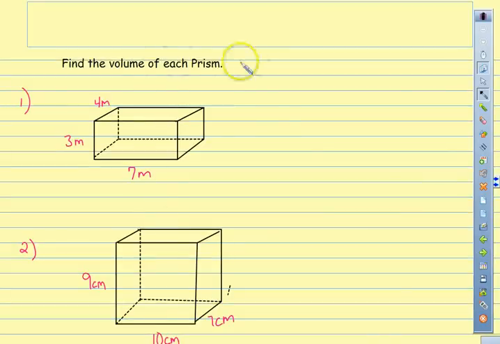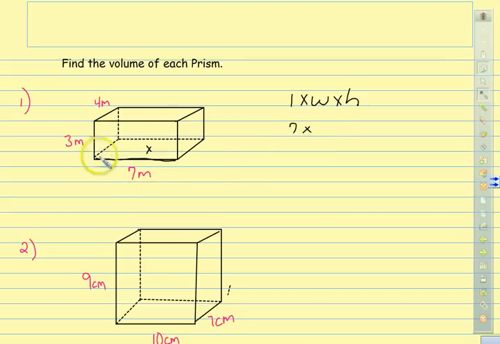So for the volume of this prism, I'm going to do number 1 for you and along with you. Since it's a rectangular prism, it is length times width times the height. This is going to be my length, the 7, because the base is going to be right here, times my width, which is this line along here, and since there's no number value for it, we have to look up above to see the line that coincides with that, which is going to be 4.